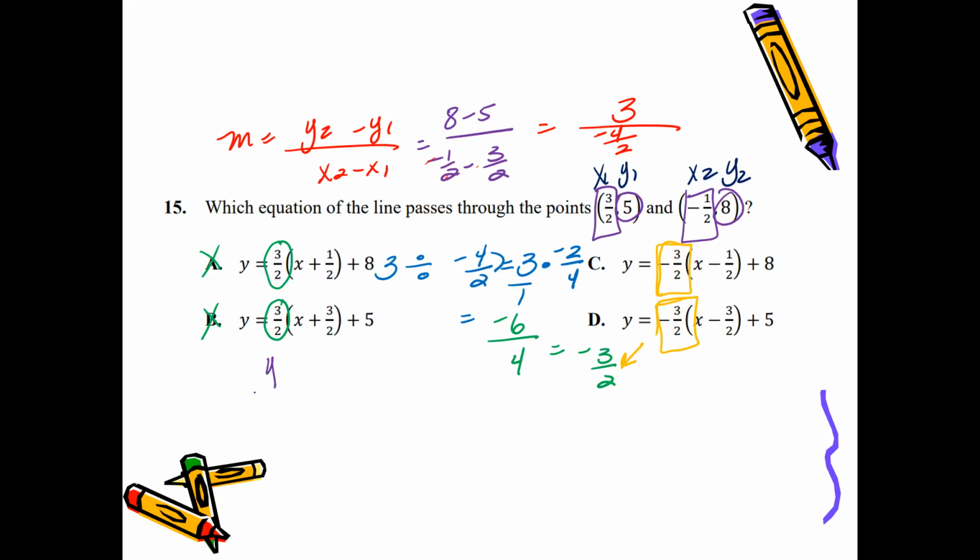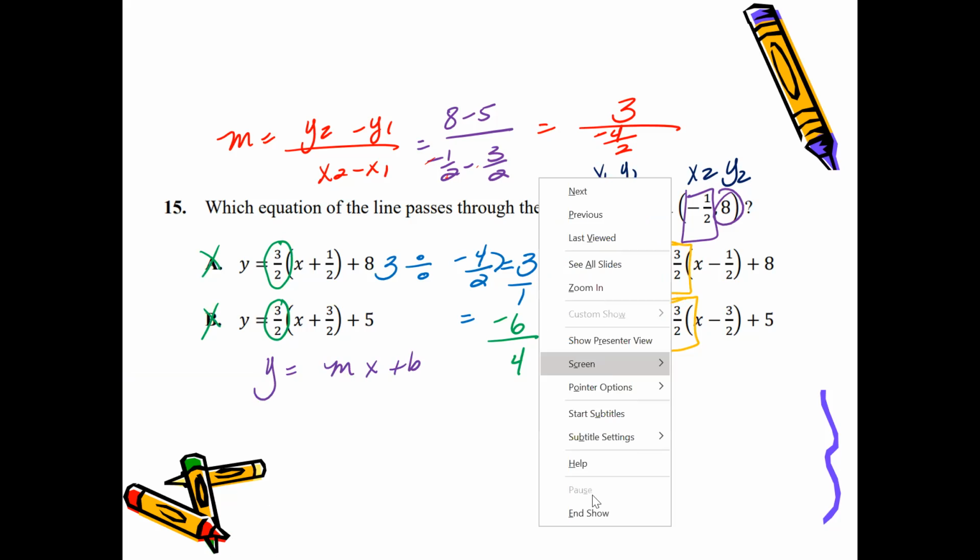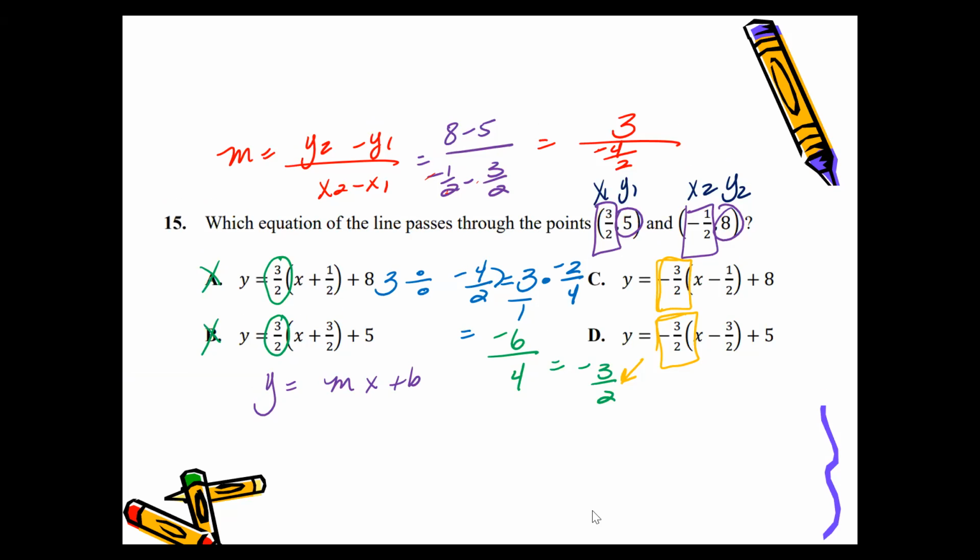Okay. So y equals mx plus b. One thing that I couldn't tell for sure is this, and if you're not sure about this, you can always grab your answers because you have them in the very back of this. So I'm just going to grab the answers and check.